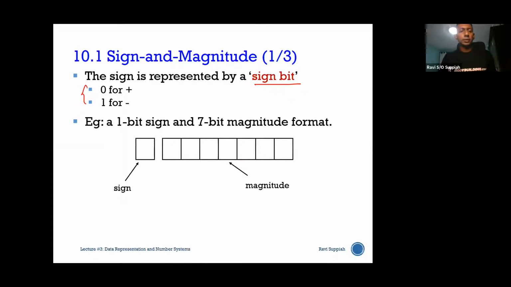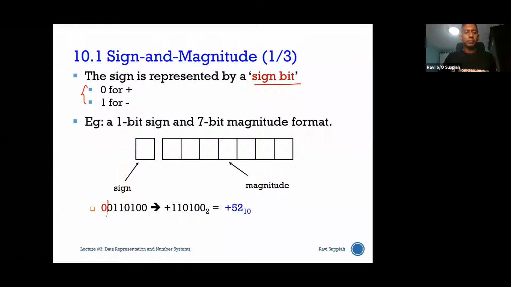In this case, you have an 8-bit value where the upper bit is the sign bit and the lower 7 bits are the magnitude bits. So when I have an 8-bit value represented by this format, I can split it and look at the lower 7 bits separately and the upper bit separately.